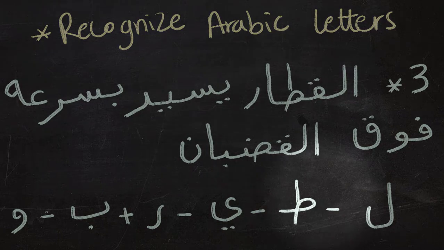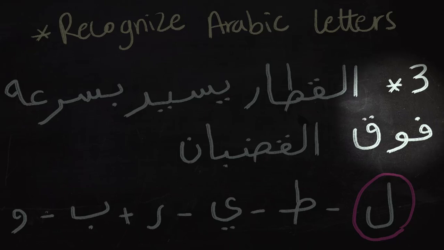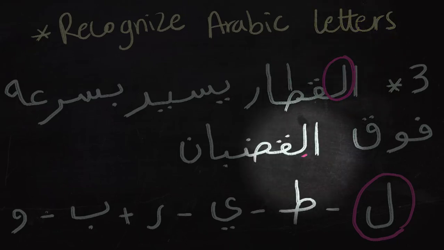Now, the answers are as follows. Lam, with the magenta color, is found in 2 positions. First, here in the word al-qitar, and here again in al-qudban.